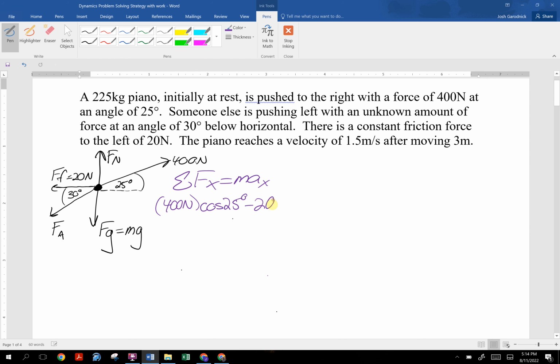Minus 20 newtons to the left, minus an applied force, which we don't know, cosine 30 degrees. Those are all the forces pointing right or left. Those will cause the mass, which is 225 kilograms, to accelerate horizontally along the floor. I don't know the acceleration. I don't know the applied force. No big deal. Let's keep going.